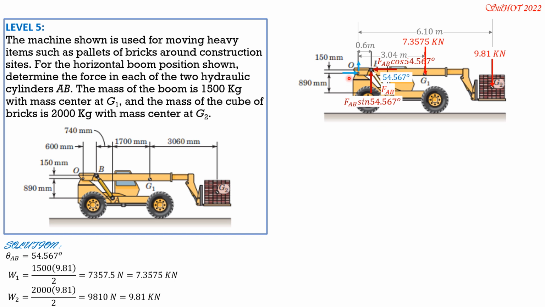Then we set moment O 0, counterclockwise positive, beginning with horizontal component FAB cosine 54.567 times 0.15, 150 mm or 0.15. Then plus, this is also counterclockwise, the vertical component, plus FAB sine of 54.567 times 0.6, which is this distance here, 0.6.